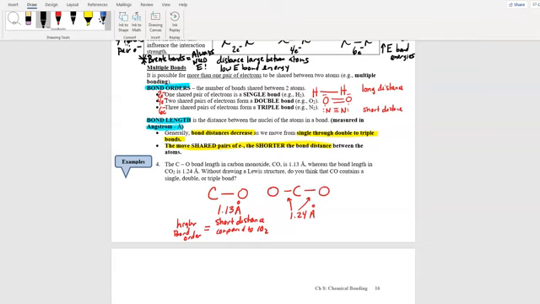And what happens, ladies and gentlemen, the true structure for carbon monoxide actually has a triple bond. And in CO2, the structure has double bonds, and you'll learn how to do that. So the point is this right here: the shorter the distance between the atoms, the higher the bond order.